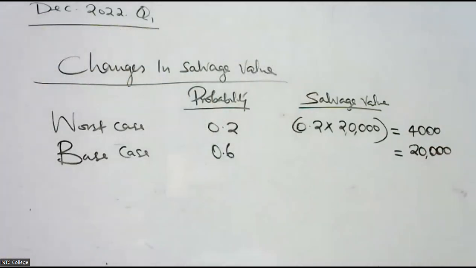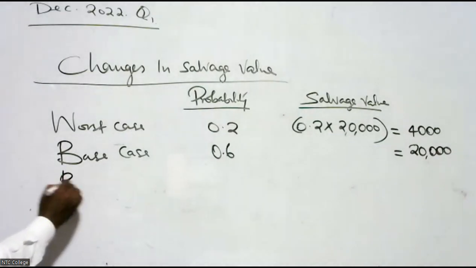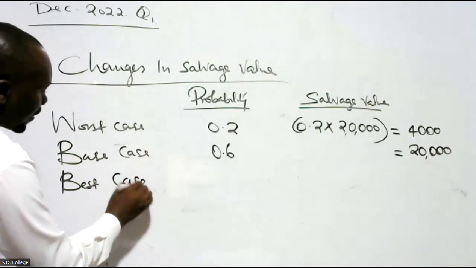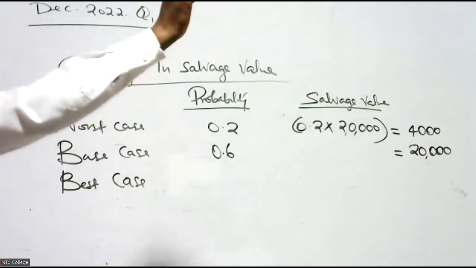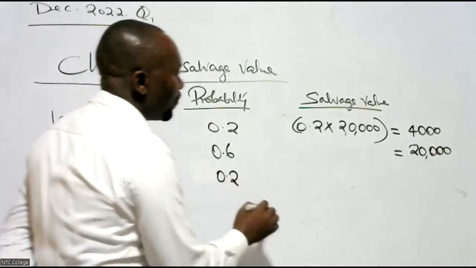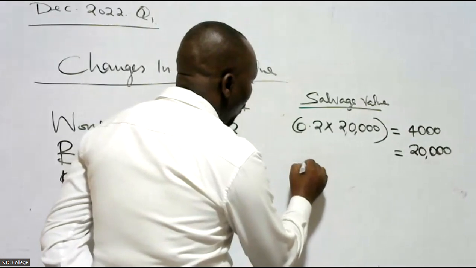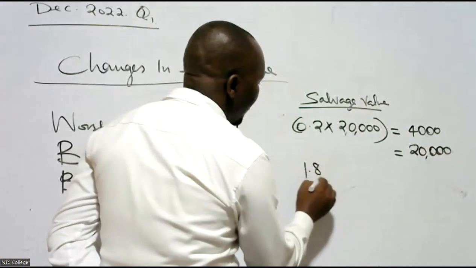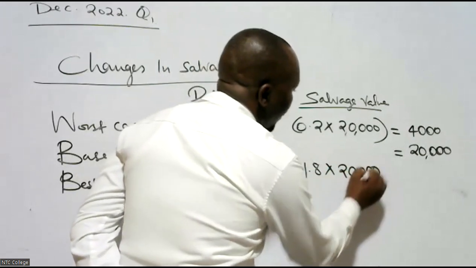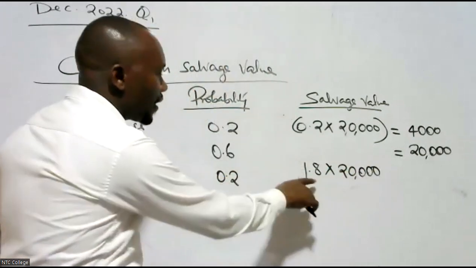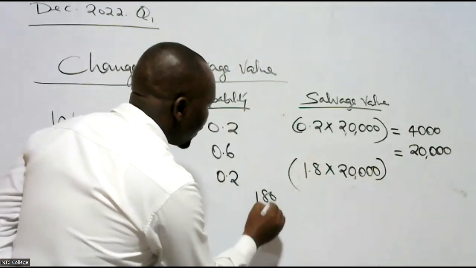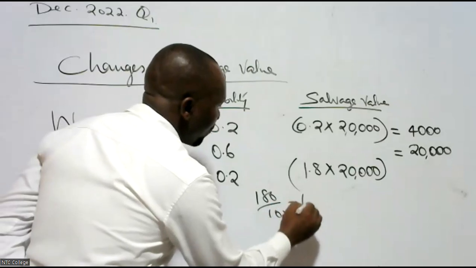And then we have the best case. In the best case, we are told that the salvage value will go up by positive 80%. So the probability remains the same, but positive 80% will now be 1.8. So it is 1.8 times 20,000. It has gone above 100 by 80%, so it is 180 over 100, which is 1.8.